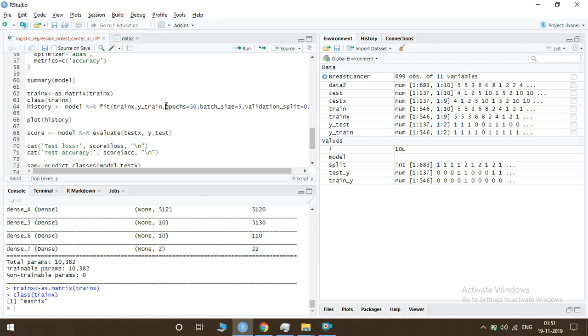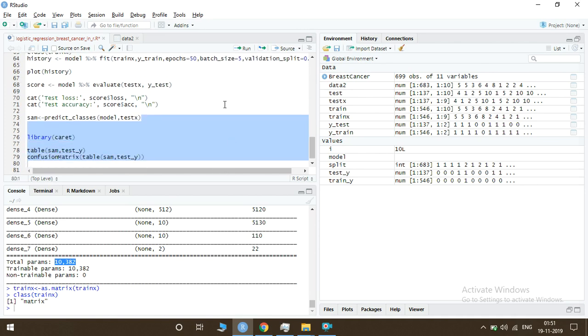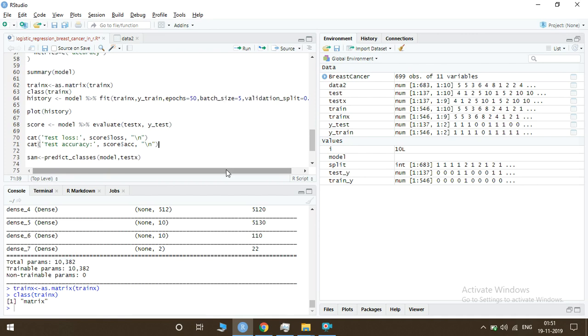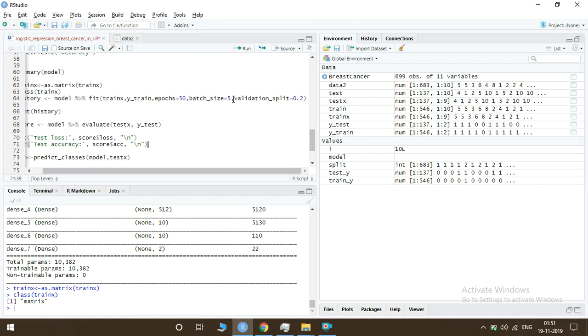And we state the epochs. Epochs are the number of iterations that run on these parameters. Then we have divided our train data with a validation split of 0.2.